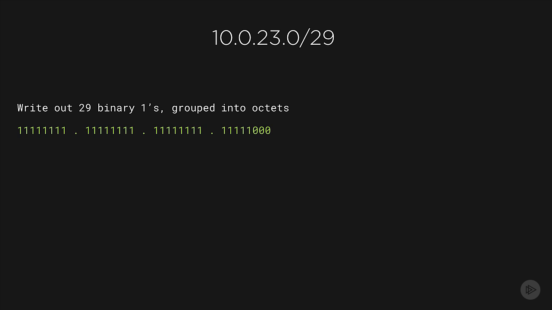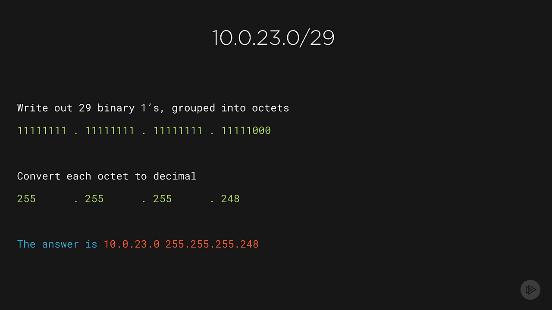Now, let's do 10.0.23.0/29. The first thing we do is write out 29 binary ones grouped into octets. So we have 8 ones, a dot, another 8 ones, a dot, and another 8 ones. Sounds familiar? And then another 5 ones to make 29 total 1 bits. And the rest of the bits are, of course, 0. Next, we convert each octet to decimal.